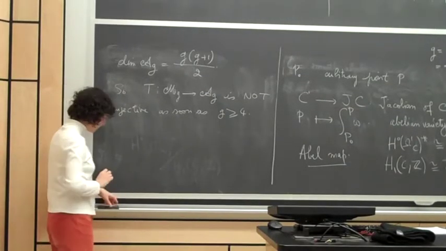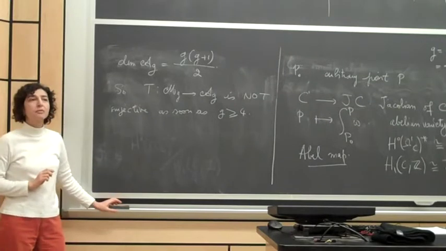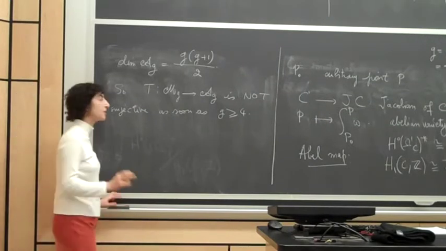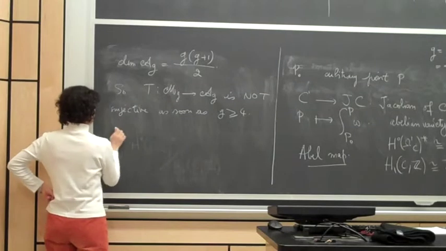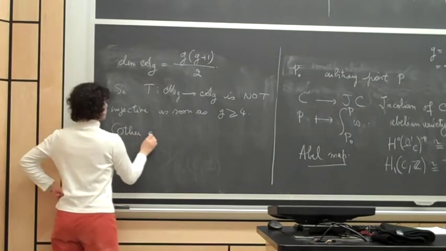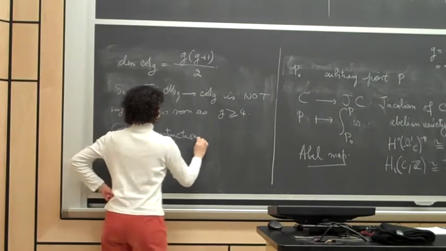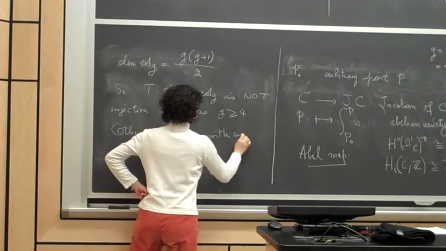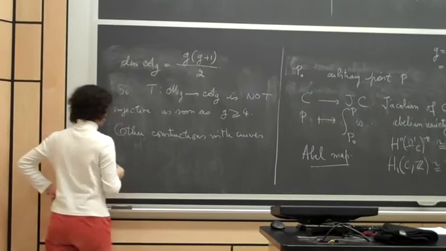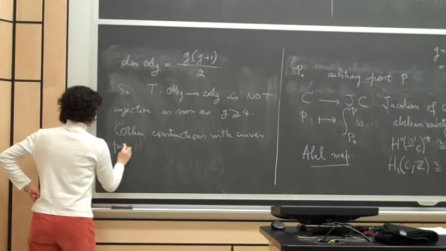And the first construction that people came up with was the construction of a Prym variety. So there are other constructions with curves producing abelian varieties.